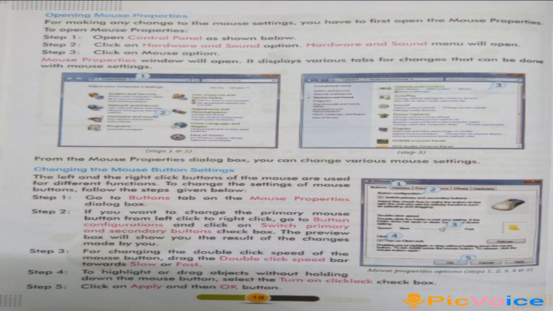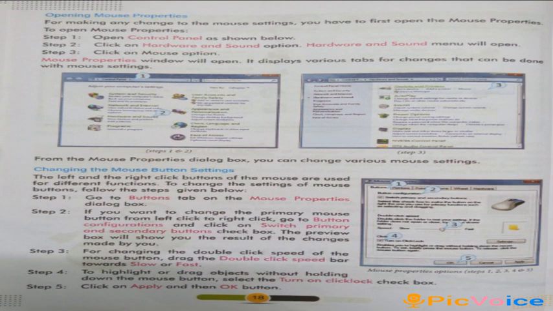Then changing the mouse button settings. How to change the mouse button settings? To change the mouse button settings, we should follow 5 steps. Step 1 is from the mouse properties we should go to buttons. Then step 2, if we want to change the primary mouse button from left click to right click, then go to button configuration and click on switch primary and secondary button checkbox.